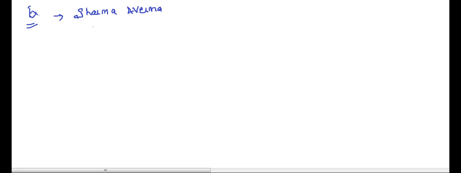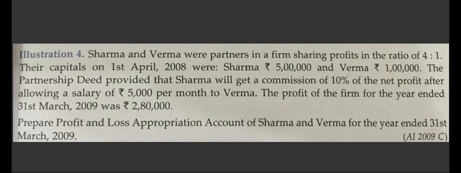And their profit sharing ratio is 4:1. That is, Sharma will get 4/5 and Verma will get 1/5. Their capitals on 1st April 2008 were Sharma 5 lakh and Verma 1 lakh.